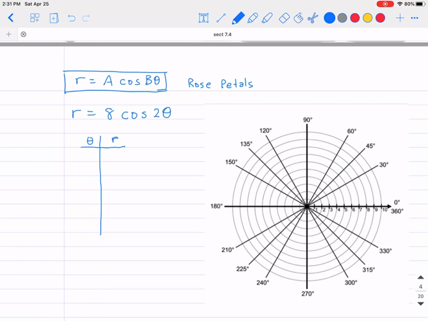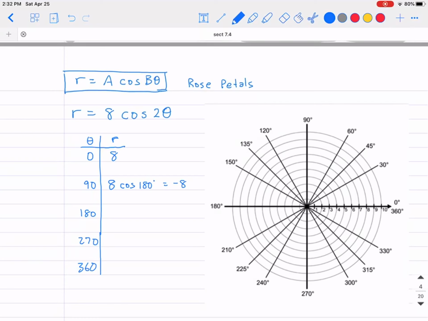I'm going to create a chart as we have been doing for the last few sessions. We have r, we have theta, and then we have 0, 90, 180, 270, and 360. When I plug those values in to figure out what r is equal to, we get 8 multiplied by cosine of 0, which is equal to 8.